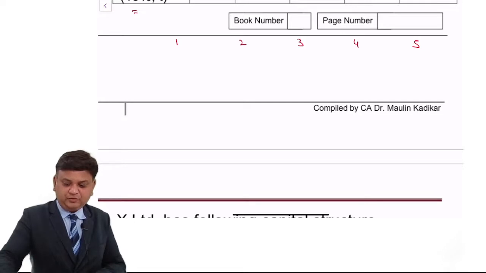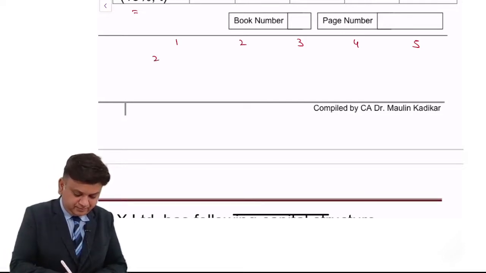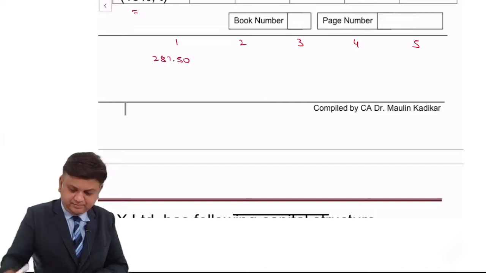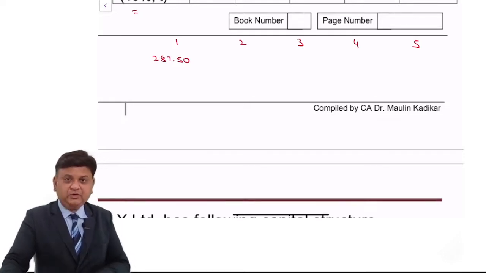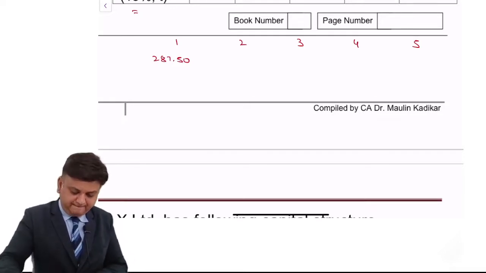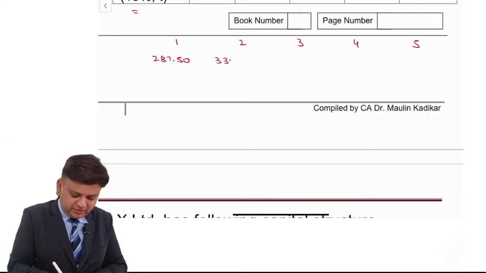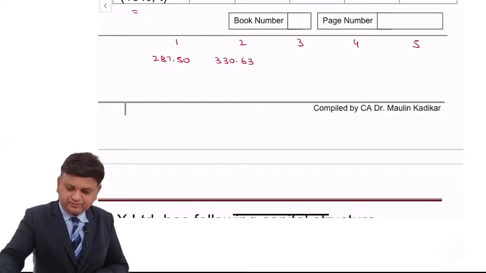Use a calculator. 250 into 1.15. You don't have to write anything. Then 250 into 1.15 raised to 2. That is 330.625.